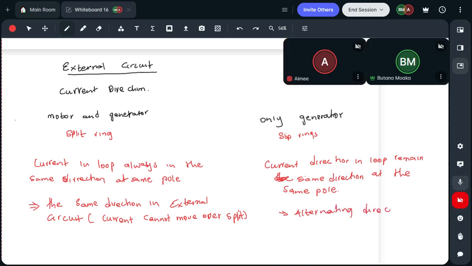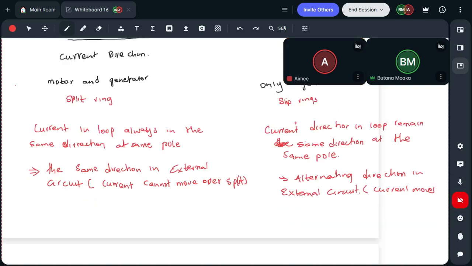It will move in an alternating direction in the external circuit. Okay, so now the current will move over a solid ring. This side, the current moves over a solid ring.